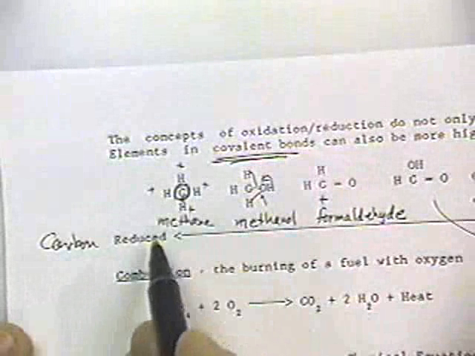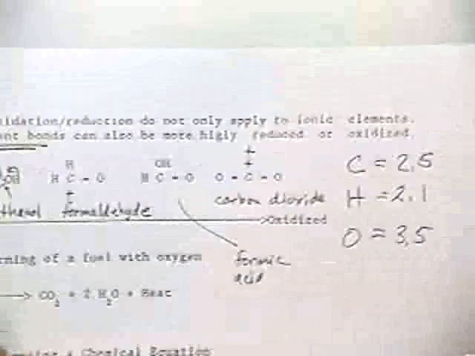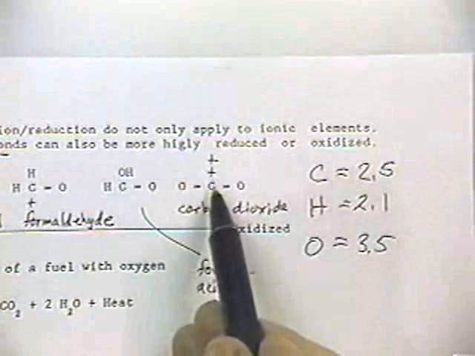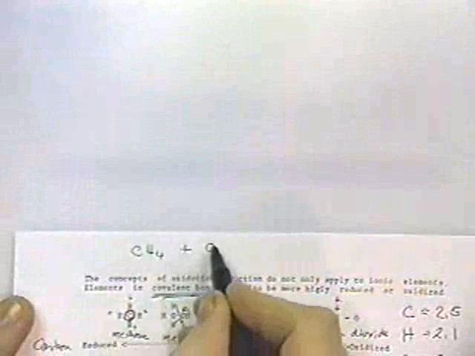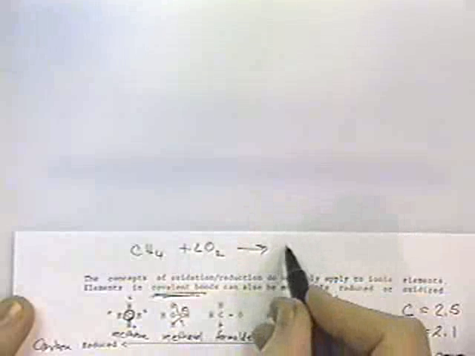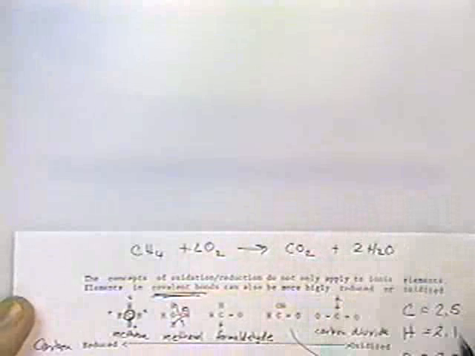So the idea is that in regard to carbon, the carbon over here is reduced, that is, it gained electrons from the hydrogen, and over here the carbon is oxidized because it has lost its electrons. It lost them to the oxygen. So if, for example, I have methane and I react it with oxygen, I get CO2 and water.